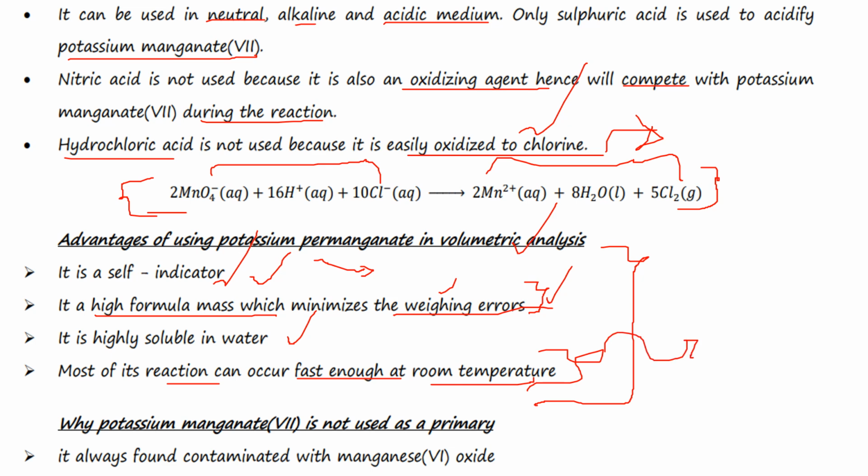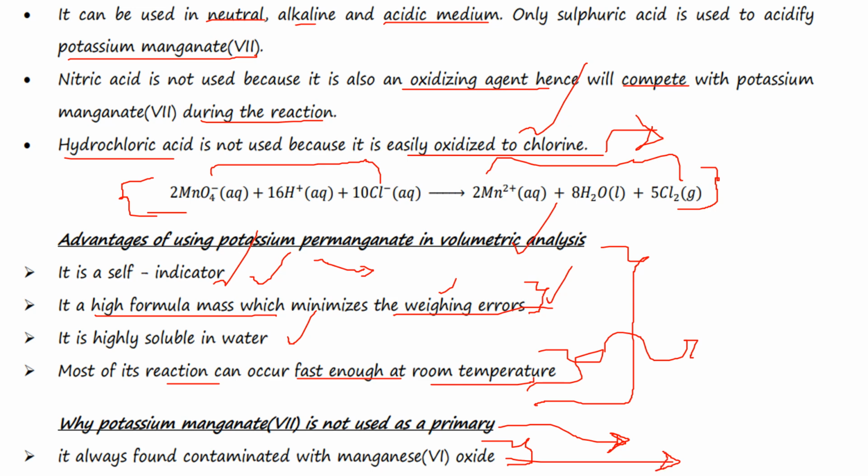So looking at why potassium permanganate is not used as a primary reagent. One of them is that it's always found contaminated with manganese 4 oxide. Like we say that manganese 2 ions always undergo disproportionation reactions, and whenever they disproportionate, they form this solid of manganese 4 oxide.